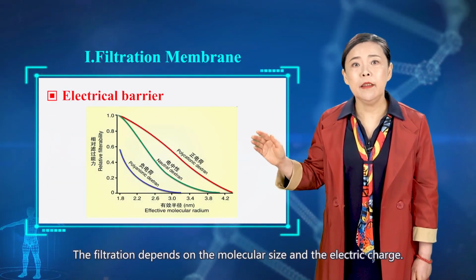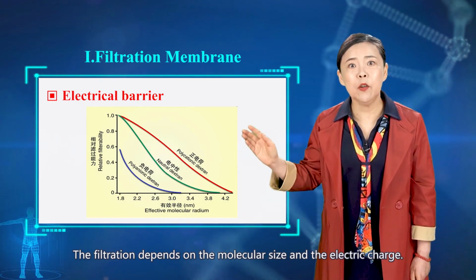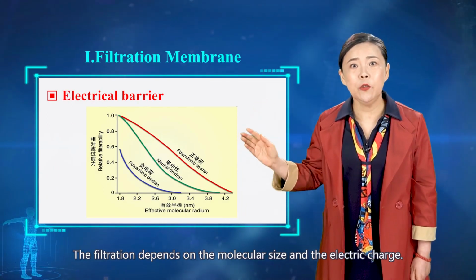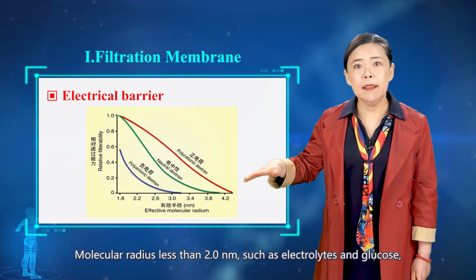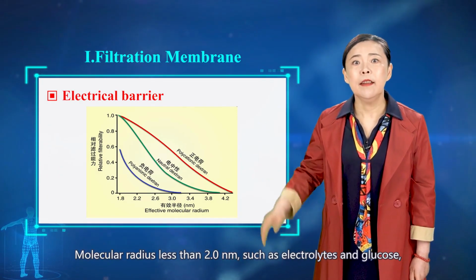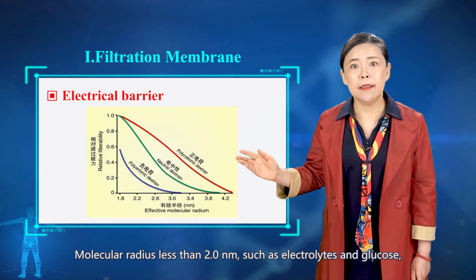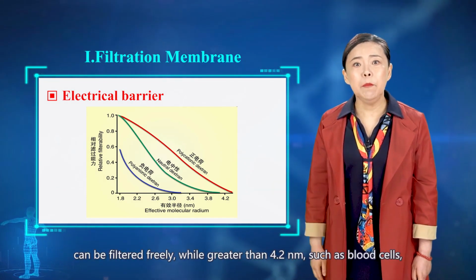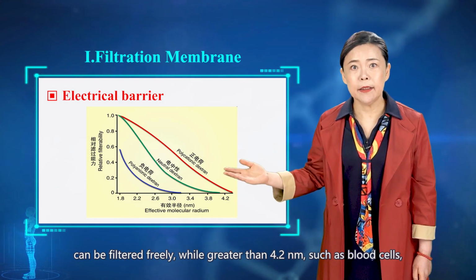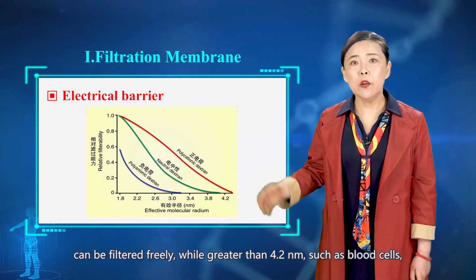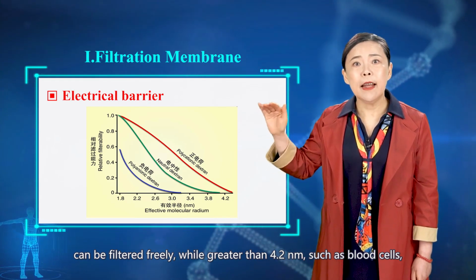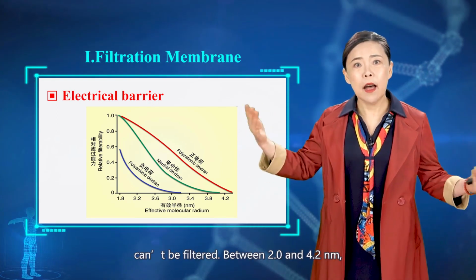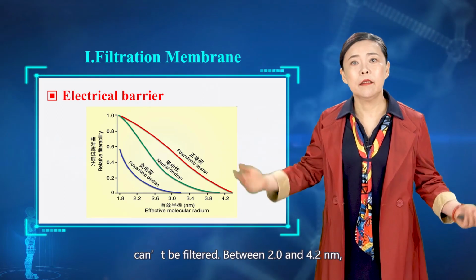The filtration depends on the molecular size and the electric charge. Molecular radius less than 2 nanometers, such as electrolytes and glucose, can be filtered freely, while greater than 4.2 nanometers, such as blood cells, can't be filtered.